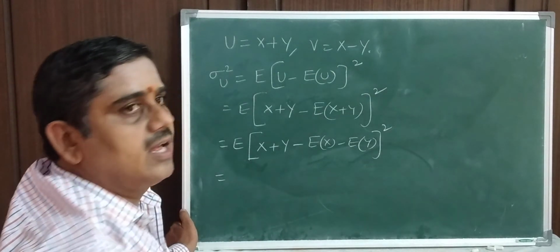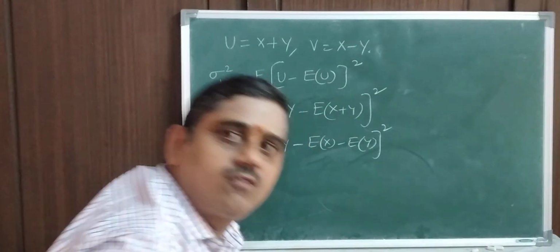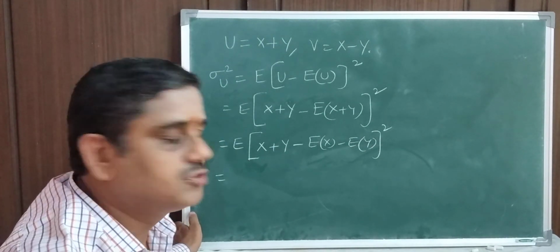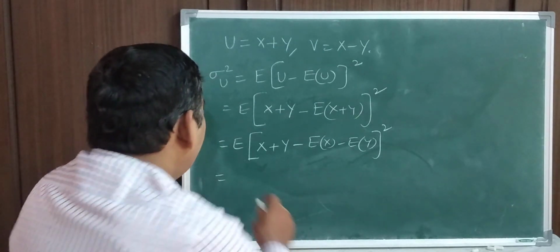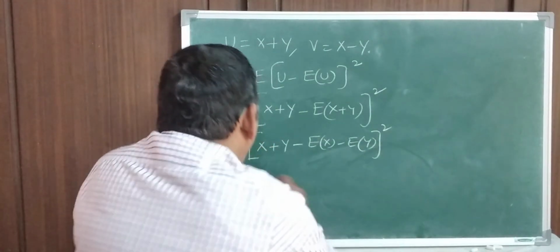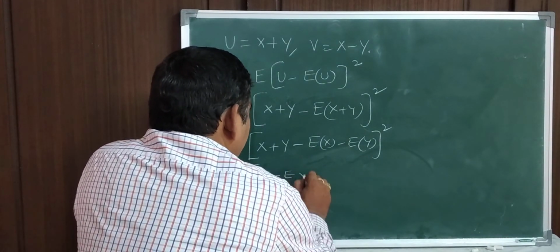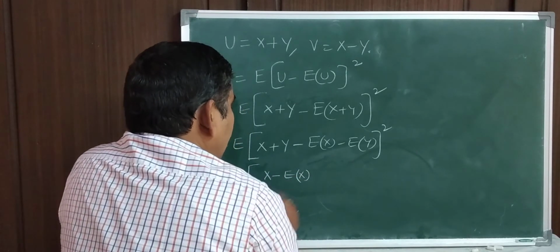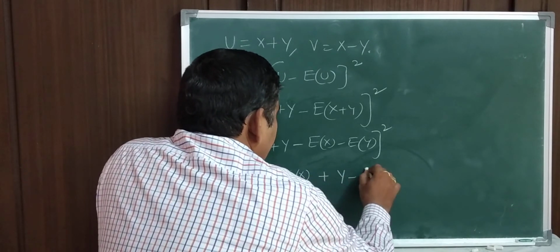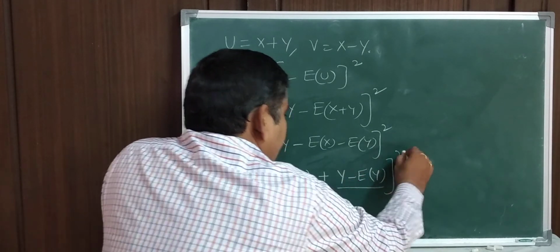Before doing the square, keep all the terms of x in one term and y in another, so that we get a clear pattern. So these are x minus expectation of x, one particular term, and plus y minus expectation of y, another term, the whole square.